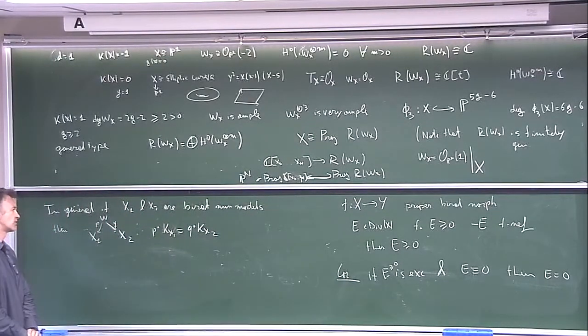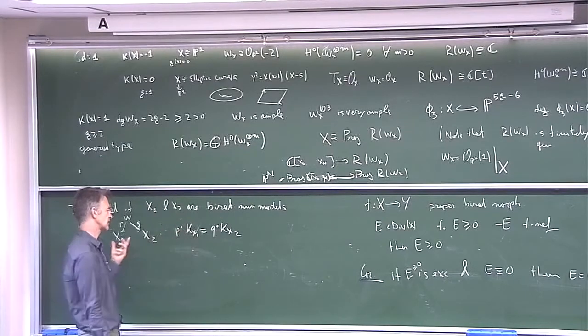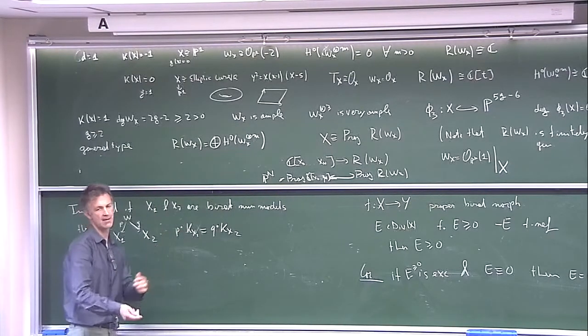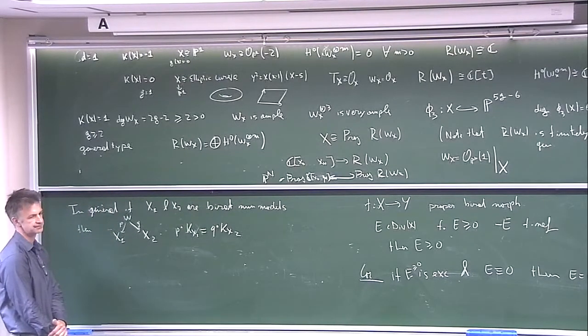So you could have more than one minimal model, but essentially studying the canonical class on one minimal model is the same as studying it on another minimal model. They share many properties. And we'll get more into the detail of that.